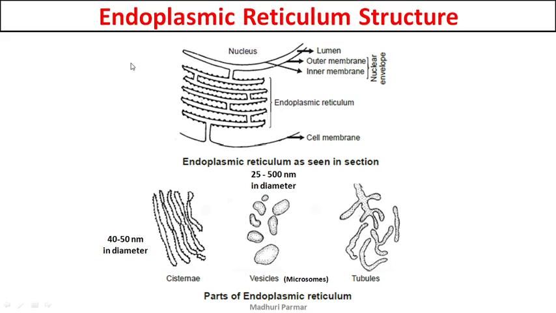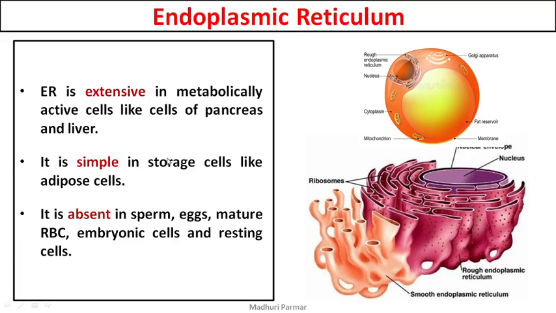Now we talk about the endoplasmic reticulum structure. But first I have to give you some homework. My question for you is, why in the egg cell, ova, whatever you want to call it, is endoplasmic reticulum absent?